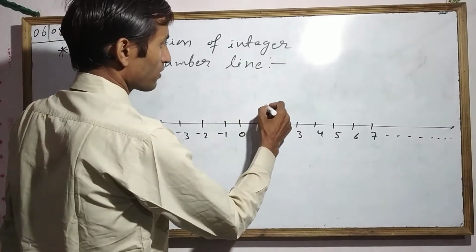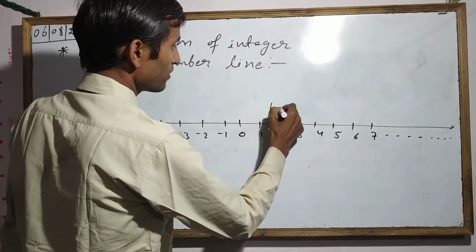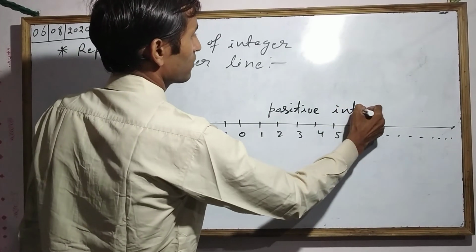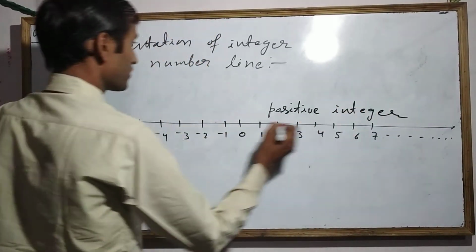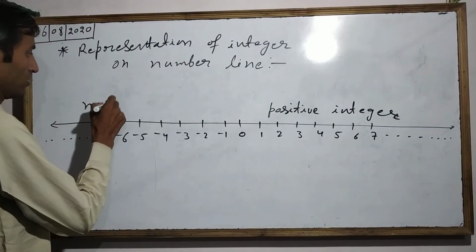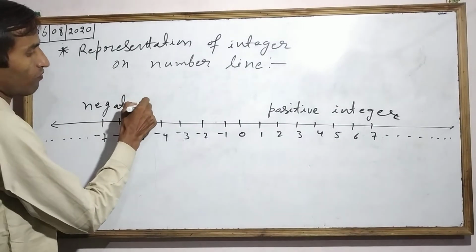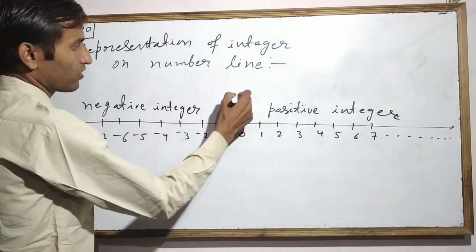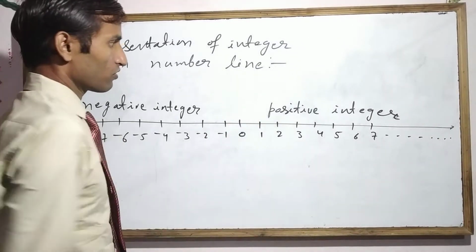So the right side we will call positive integers, and the left side of 0 is called negative integers. Okay, and this is the 0.